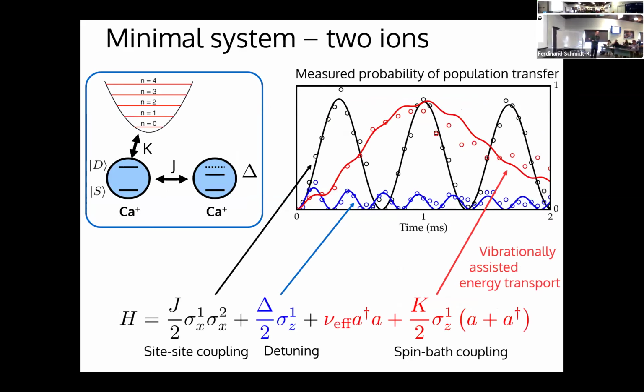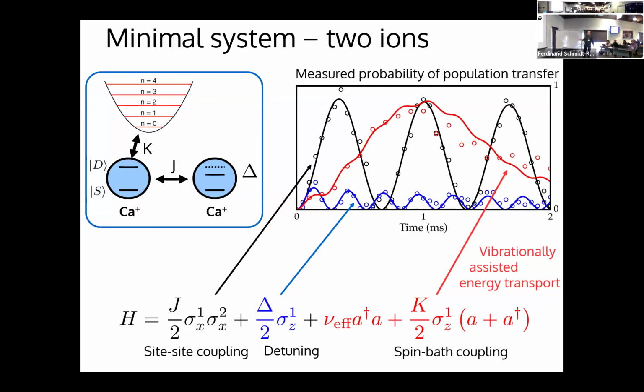What Hartmut did, he took two calcium ions, he made an interaction, a spin interaction. I told you how the spin interaction is working. This is kind of a gate between these two ions, okay, with this coupling strength J. But then one is detuned, one has a different energy splitting, so this cannot happen, it's off resonant.